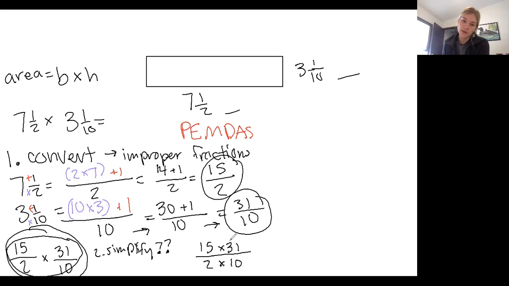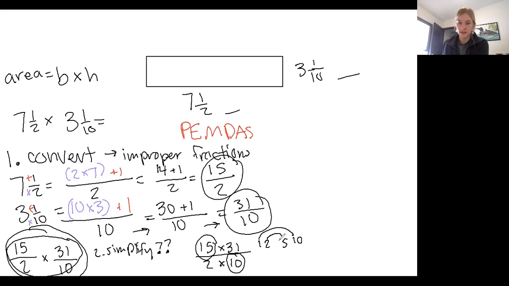Well, if I was to look at this, I know that 31 is a prime number. Only 1 and 31 can be multiplied together to create 31. So that is out. I see that 15 and 10 both share a factor. For instance, 1 times 10 equals 10, 2 times 5 equals 10, and that's about it.